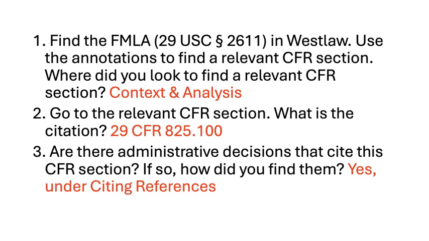And that section was 29 Code of Federal Regulations 825.100. And then from that section 825.100, we looked under citing references to find administrative decisions that cite this particular CFR section.